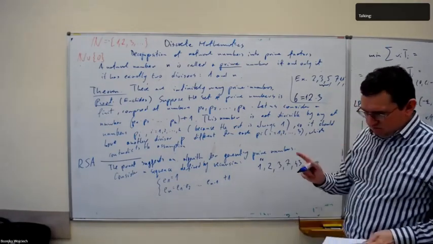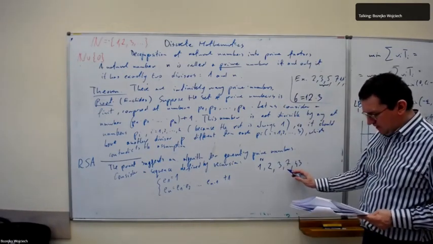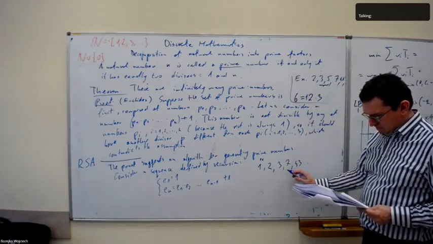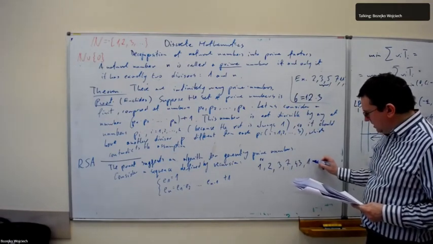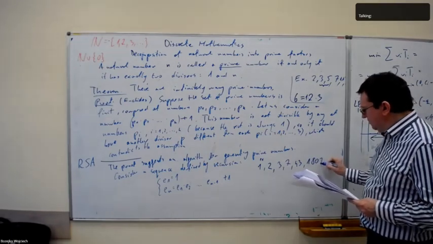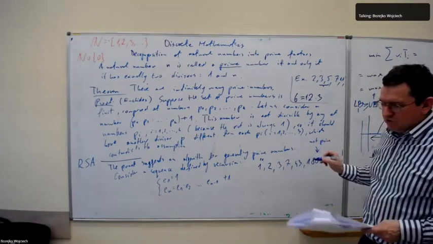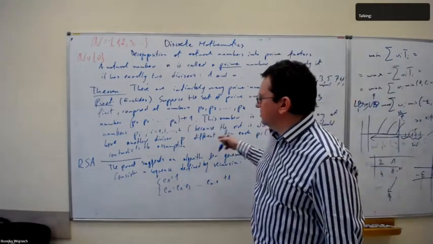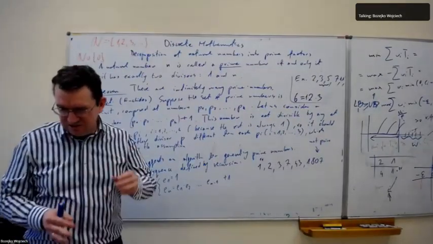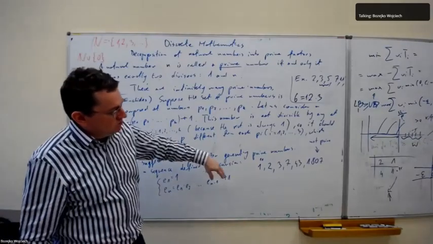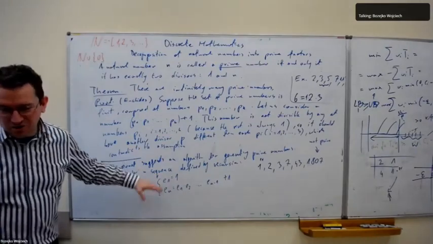But here a slightly different situation appears, because if we multiply 2 times 3 times 7 times 43, it is 1,806, plus 1 is 1,807, and unfortunately this is not prime. Of course, the thinking here is that the number of natural numbers is infinite, but here we use only part of them, so unfortunately this algorithm doesn't work.